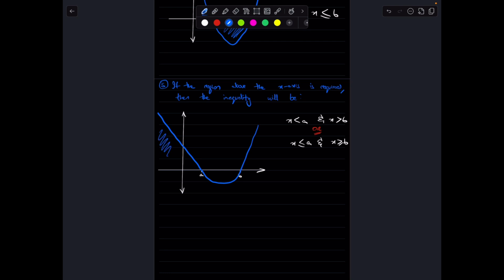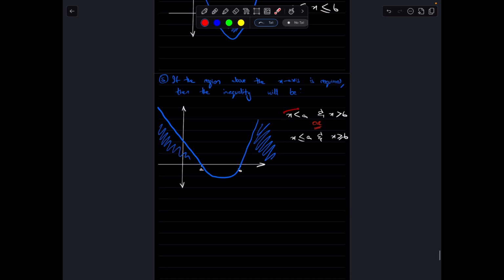That is this region and this region. And appreciate the fact that this is in line with the given inequality. That is, x is less than a, and x is greater than b. And the graph would look the same for either of these inequalities.